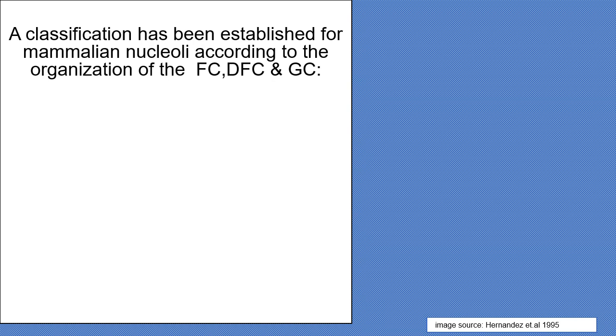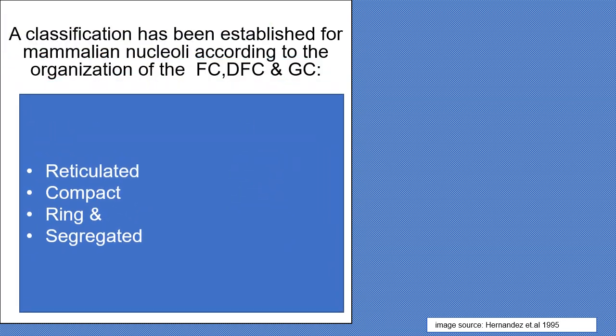And a classification has been established for mammalian nucleoli according to the organization of these three components. They are reticulated, compact, ring and segregated. This type of nucleolar organization correlates with the activity of the cells with respect to ribosomal biogenesis.